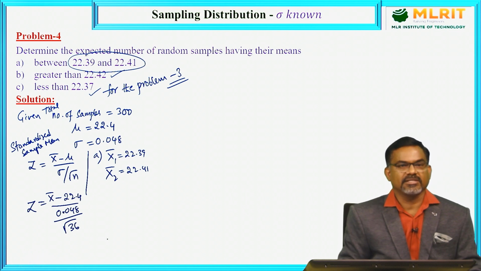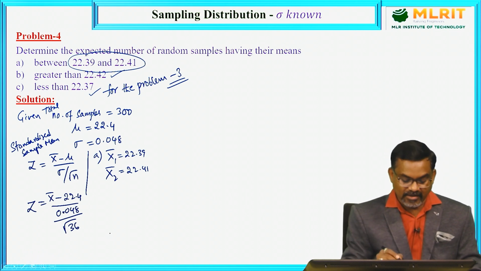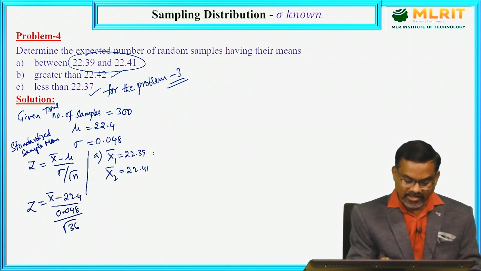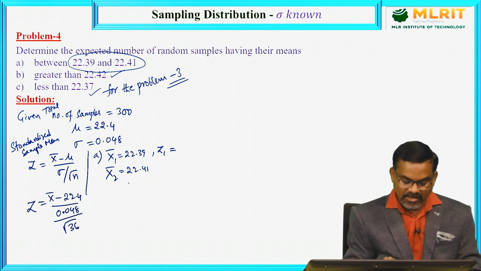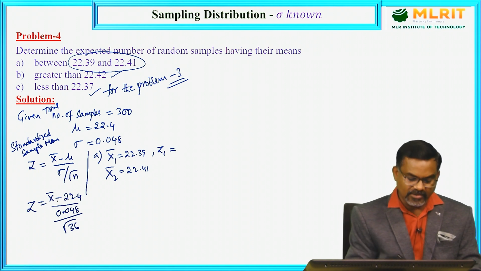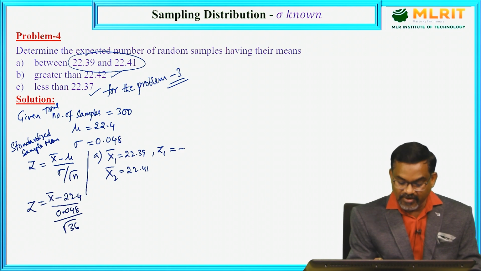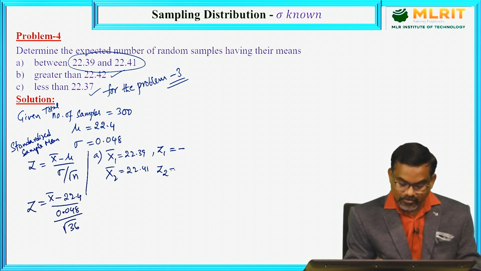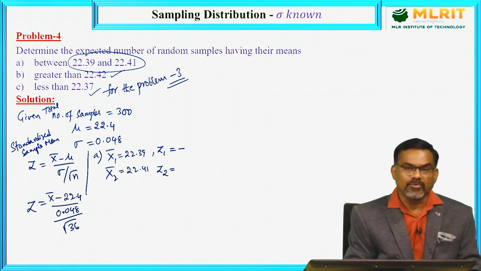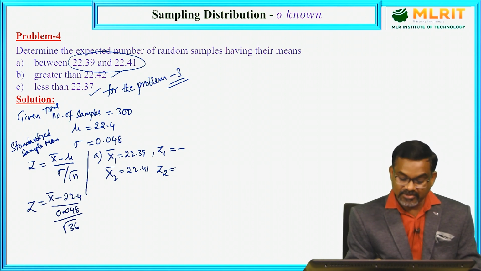If x1 bar is 22.39, then Z1 is 22.39 minus 22.4, which gives a negative value, whereas in the case of Z2, 22.41 minus 22.4 gives a positive value.